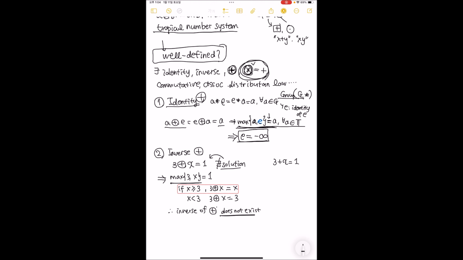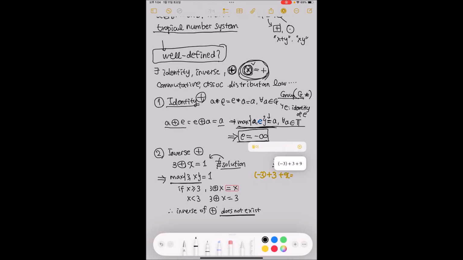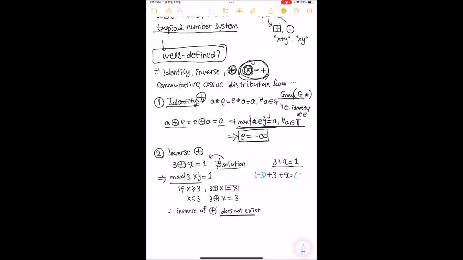If we solve this linear equation, the reason we can obtain the solution is that we can add an inverse element of the sum, due to the existence of the inverse element.